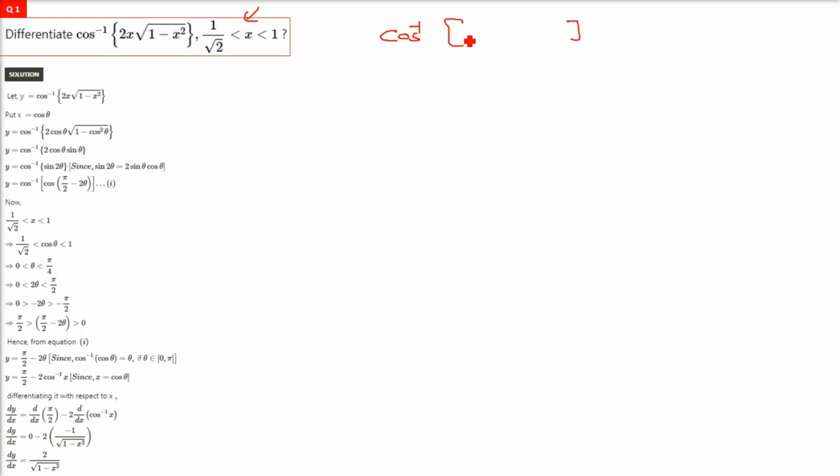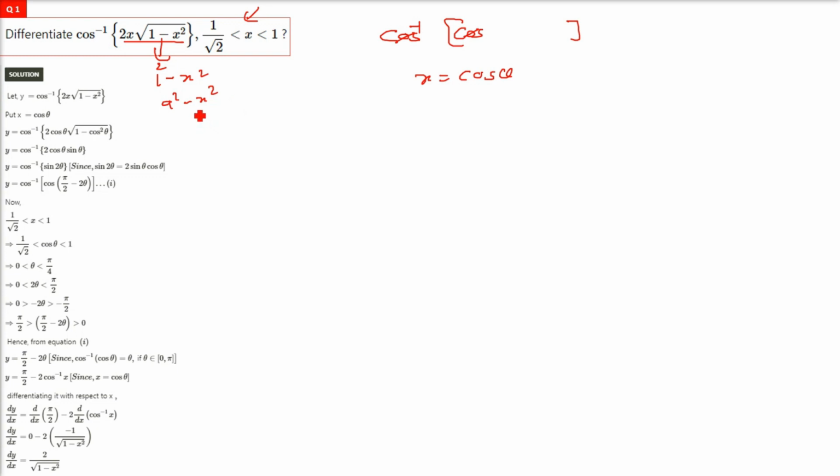So cos inverse is outside. Whatever you substitute, the resultant should be some cos, so that you can cancel this cos and cos inverse. So how do you get something cos in 2x under root 1 minus x square? If I put x as cos theta, I told you when you have a squared minus x square, a is 1 here, 1 square minus x square.